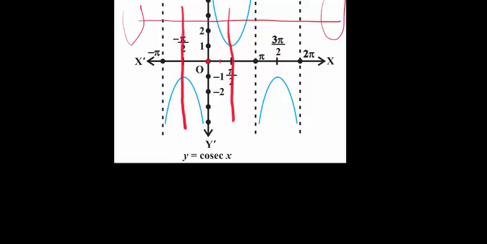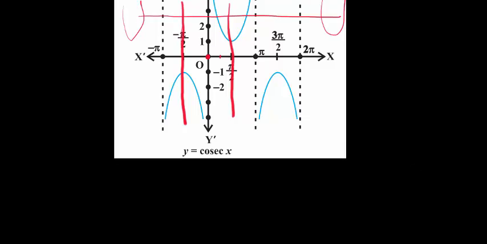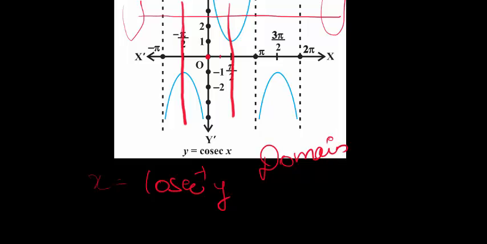So what's my range and domain? Let's see. So for x being equal to cosecant inverse of y, my domain, which is the y values, is going to be all the real numbers, isn't it? Except for this part where the function has not been defined.